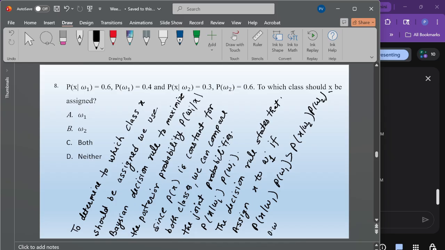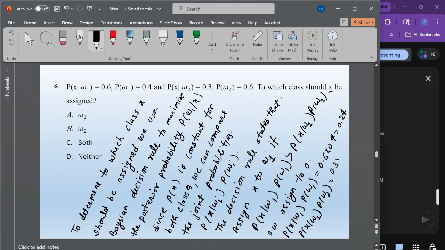Otherwise it will be assigned to omega 2. First, the probability of x given omega 1 times the probability of omega 1 is 0.6 multiplied by 0.4, which is 0.24. Similarly, for omega 2, 0.3 into 0.6 is equal to 0.18.